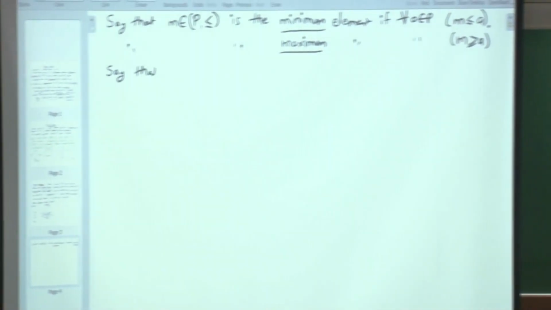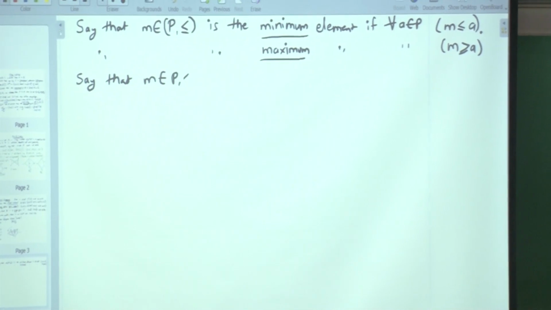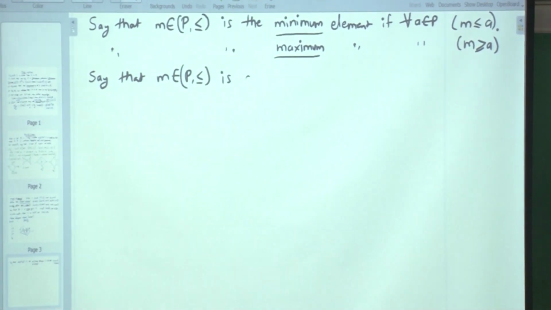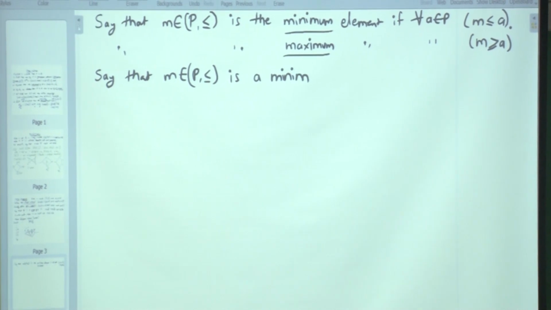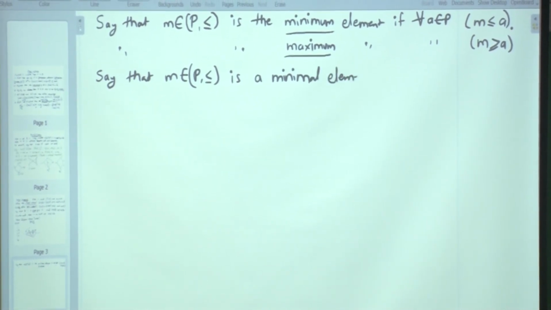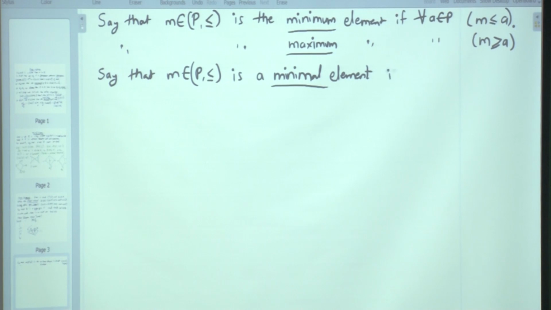So say that M in P is a minimal element if for all A in P, A less equal M implies A equal to M. If there is a lower bound of M, then it is M itself. There is no strict lower bound of M.